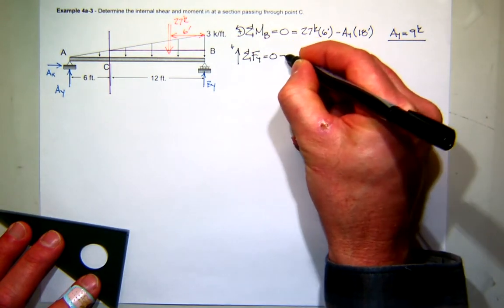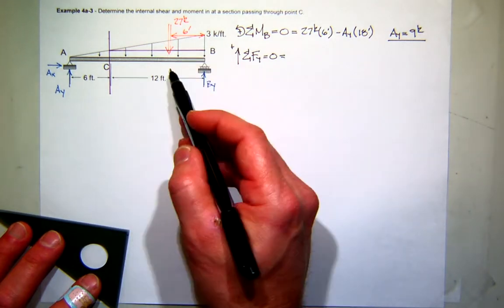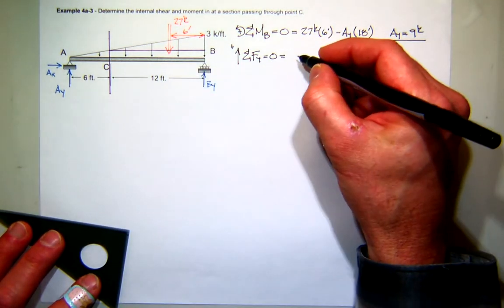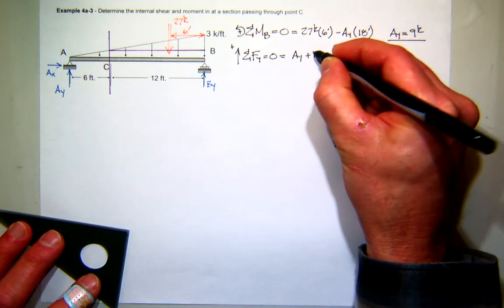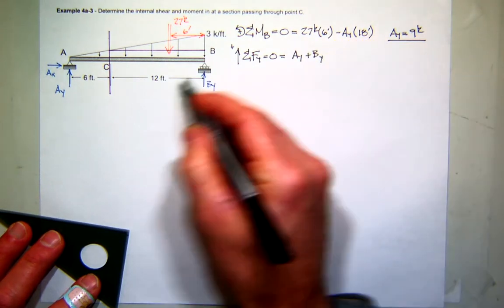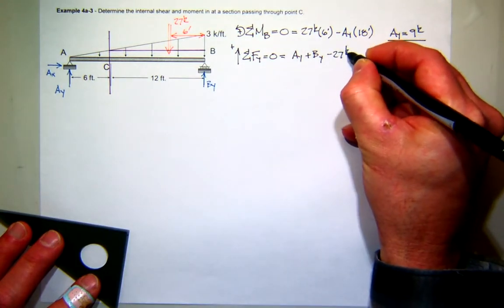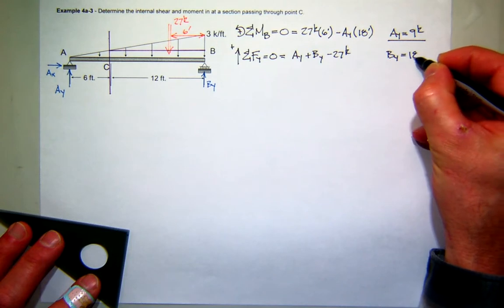Even though I don't need BY for the problem, I think I might try to work the right-hand side too to show you the difference. So I'll go ahead and get BY while I'm here. So I have AY and BY both acting up, and then 27 acting down. So it looks like BY is 18.